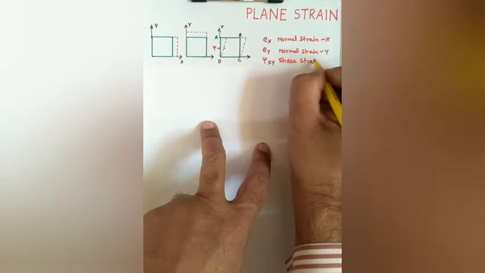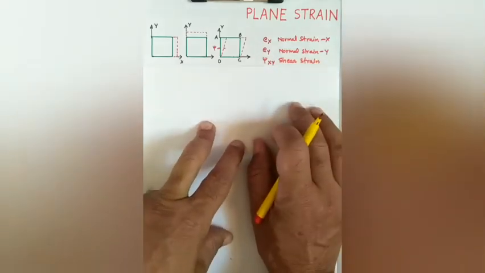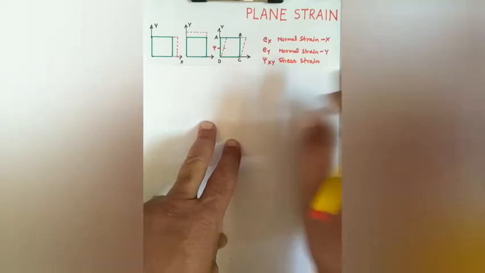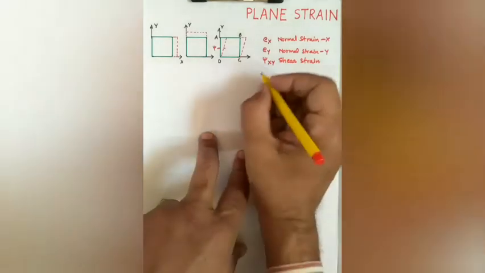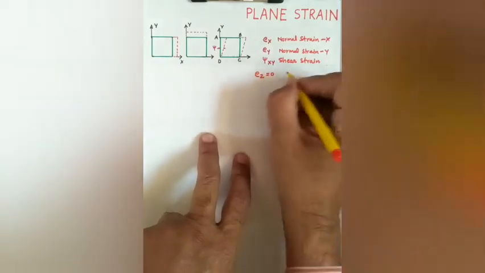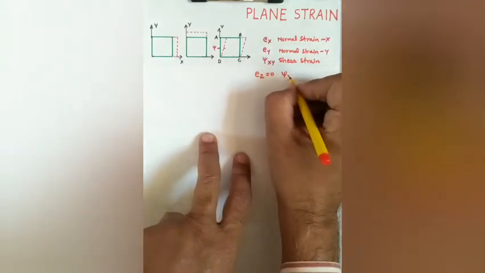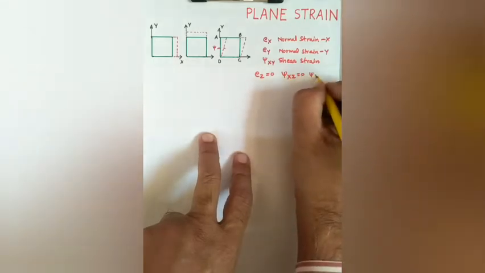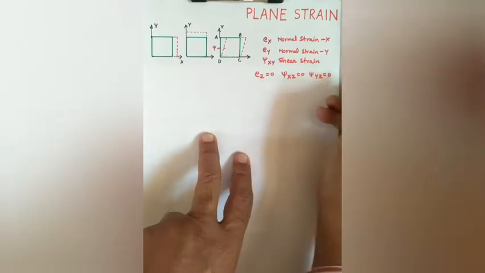Then it is called a plane strain system, like the plane stress system. So in a plane strain system, Ez is 0, psi xz is 0, and psi yz is also 0.